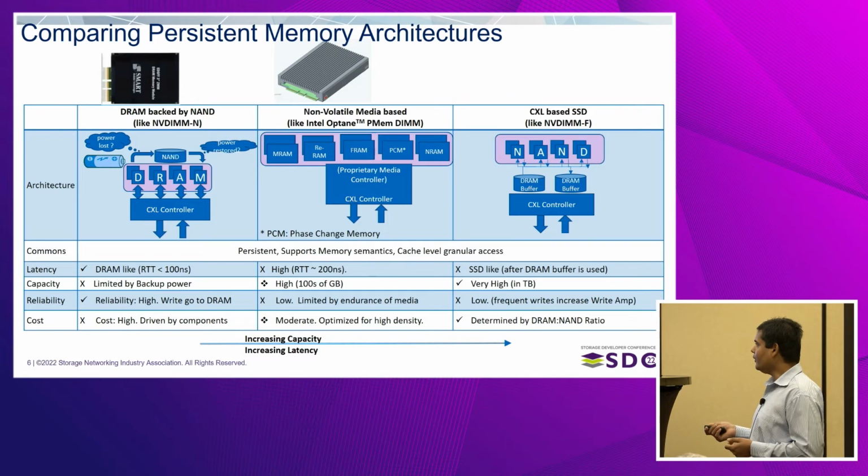If you look at the reliability aspect, the endurance of NVDIMM-N is really dependent on the DRAMs, which is theoretically infinite or practically very high, because the NAND is only used during the power fault. So you get very high reliability when you use NVDIMM-N. You get moderate or limited reliability based on your workload when you go to Optane DIMMs.